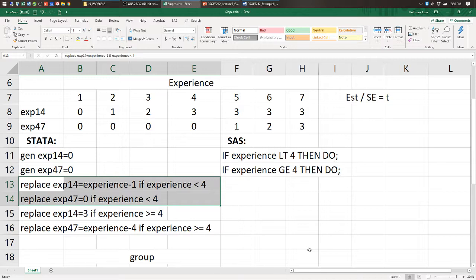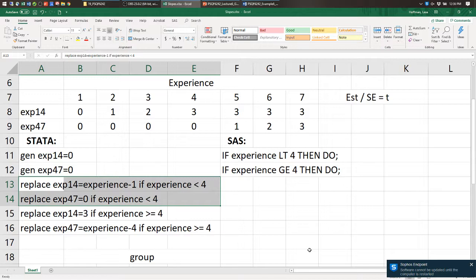This part, experience minus 1, gets you here. Less than 4, actually just for the first 3. And the other one, 4 to 7, is 0. So that gets you the values from 1 to 3.